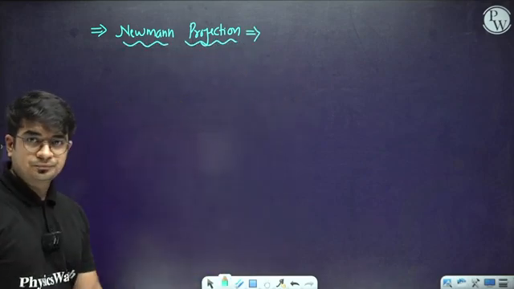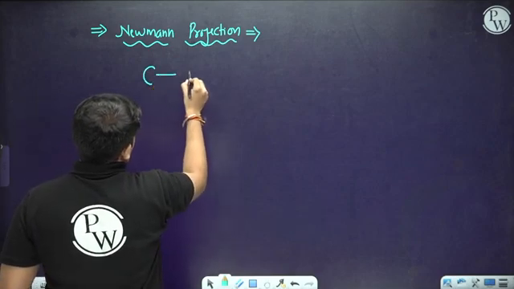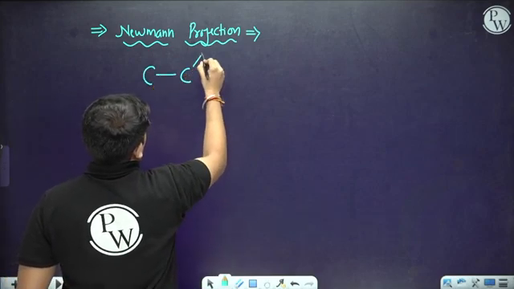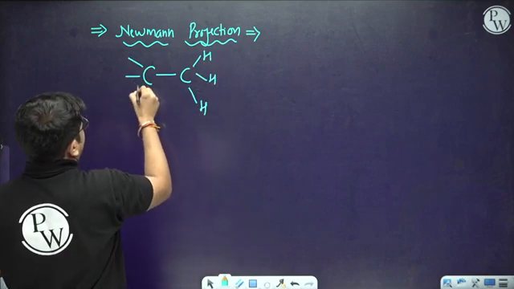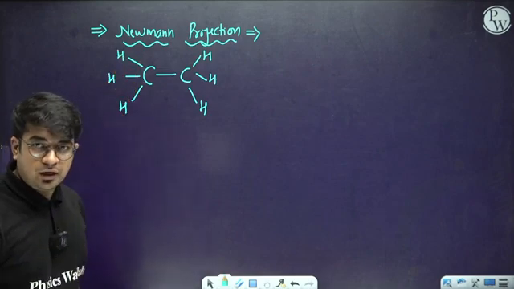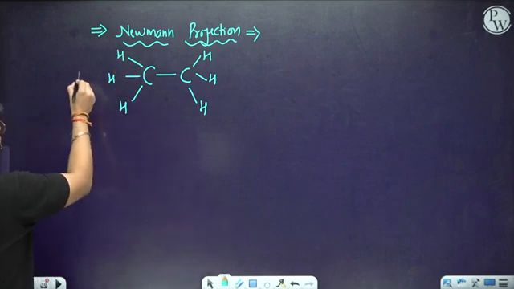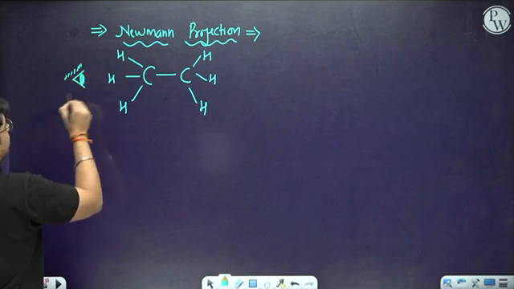Let's say I have the structure like this: C, single bond, C, then H, H, H on one carbon and H, H, H on the other. Now I am viewing this molecule from this side. What happens?